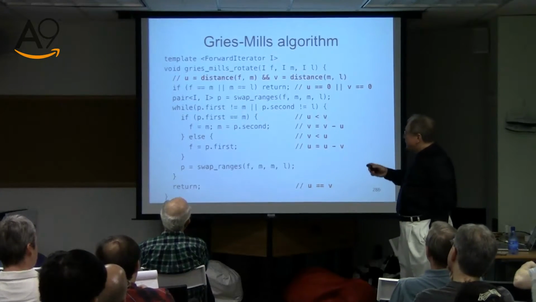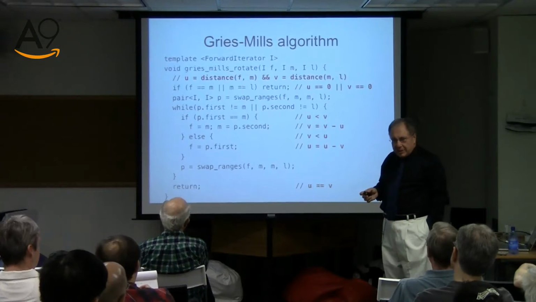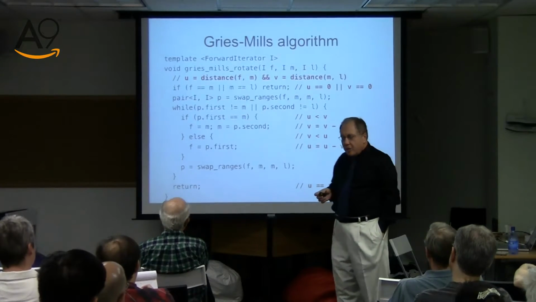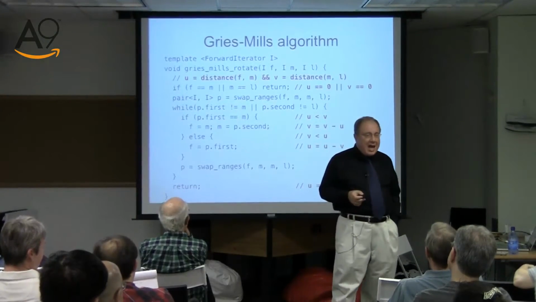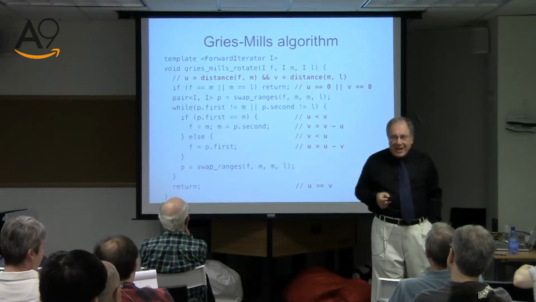And Gries describes this algorithm in Science of Programming. We'll look at it. So once upon a time, I think it might have been the year 69, he went to Japan. And he went to Japan with another remarkable computer scientist, Mills, who was the chief scientist of IBM Federal Systems Division. I think that was his official title.